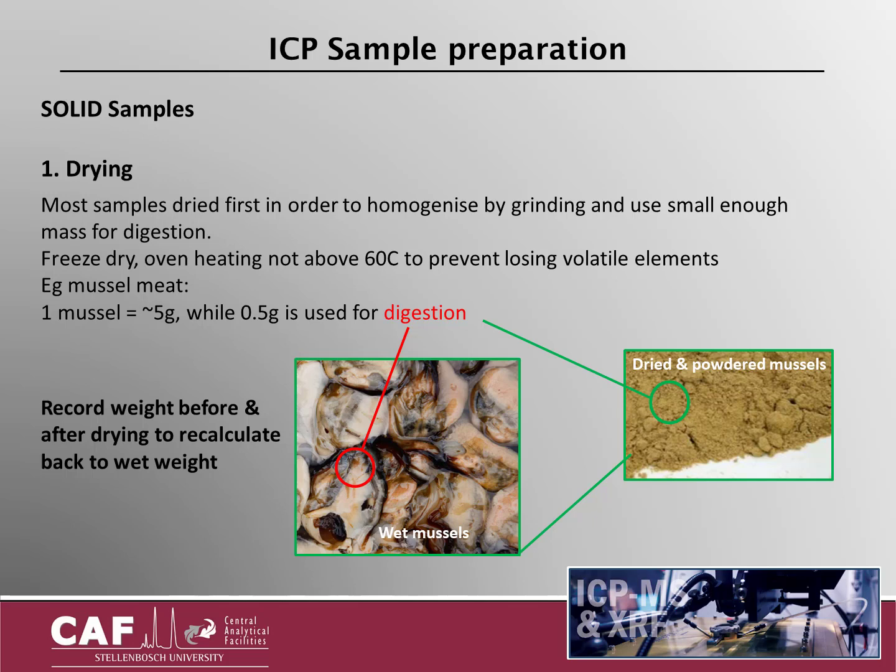The most preferred way of drying your samples would be to freeze dry them, or alternatively oven heating, but not above 60 degrees, otherwise you might end up losing some of the volatile elements.